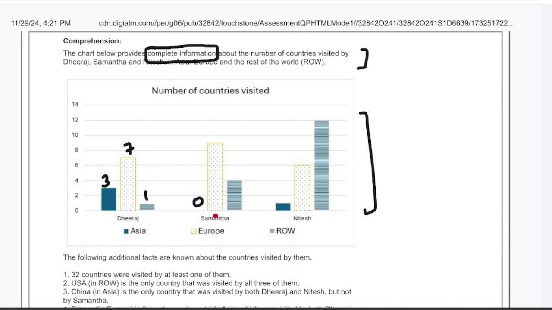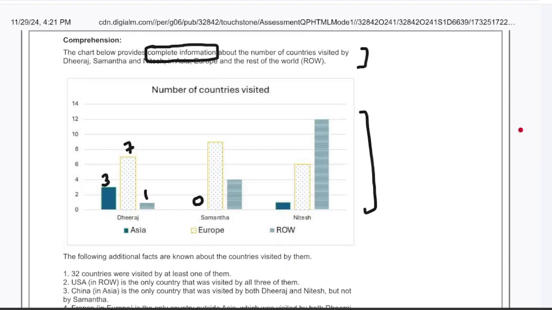Please understand why I'm writing 0, because at the top they said it's a complete information. So Samantha has visited Europe, 9 countries. In rest of the world, 4 countries. Nitesh, Asia 1, Europe 6, and rest of the world, that is 12.